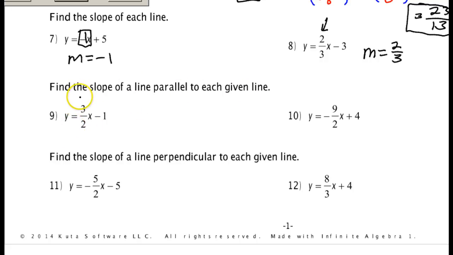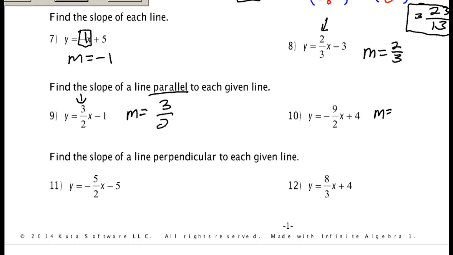Remember, we're talking about slopes, right? So what slope is parallel to that one? Close. That's perpendicular, but we want parallel on this one.